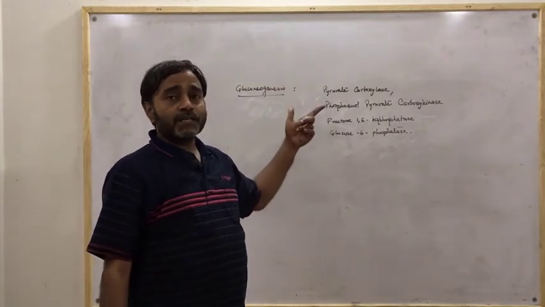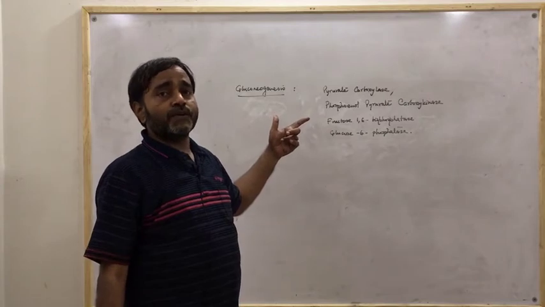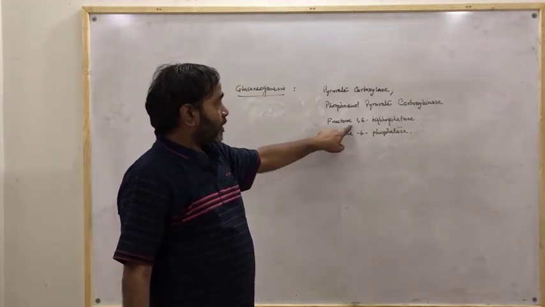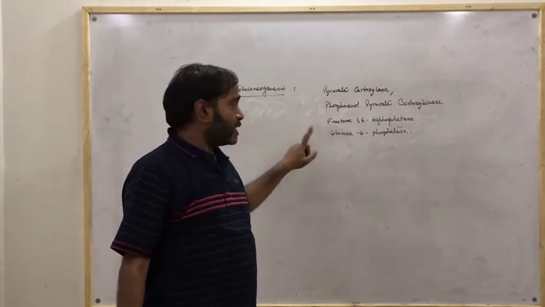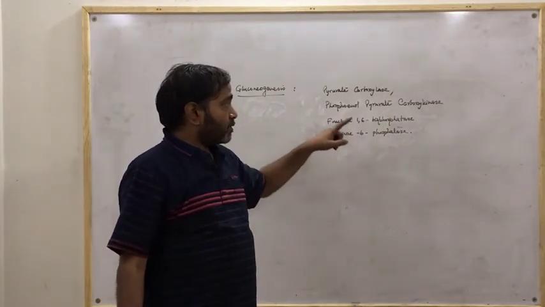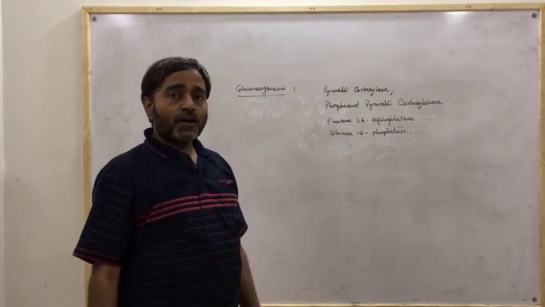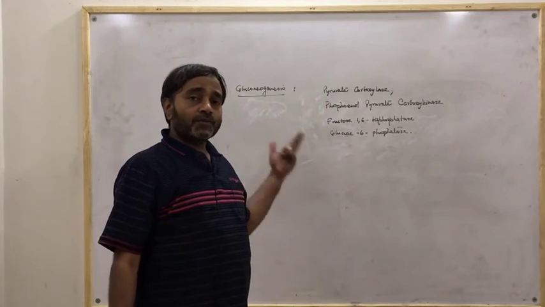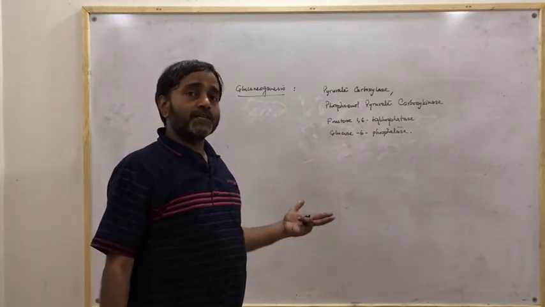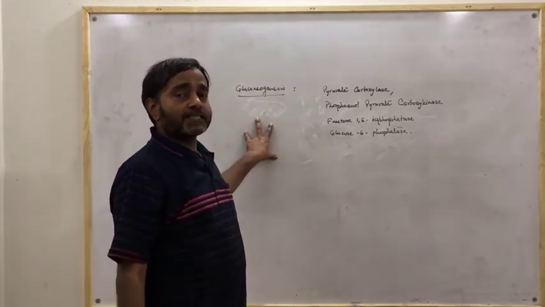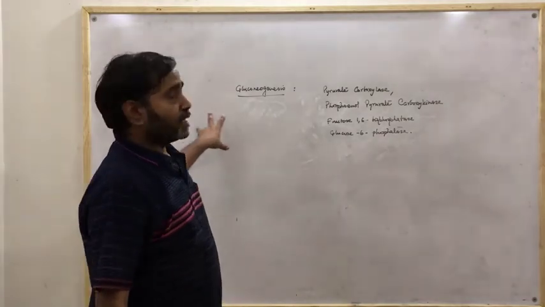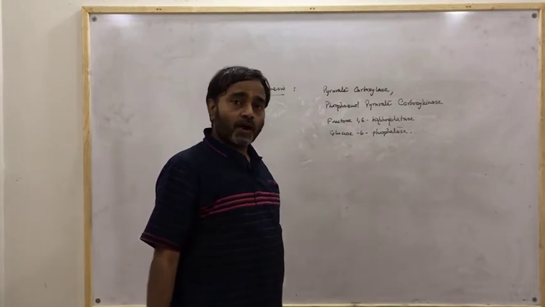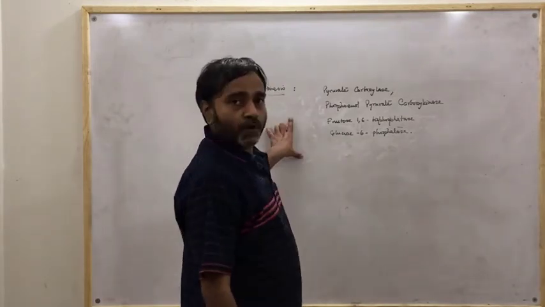There the reverse conversion occurs and finally glucose will be formed, and there the two steps, that is fructose 1,6-bisphosphatase and glucose 6-phosphatase, where the liberation of phosphate will occur, and finally the fructose 6-phosphate gets converted into glucose. So that is the part of gluconeogenesis, that is the synthesis of glucose from other sources which are not carbohydrate. So this is important to know.